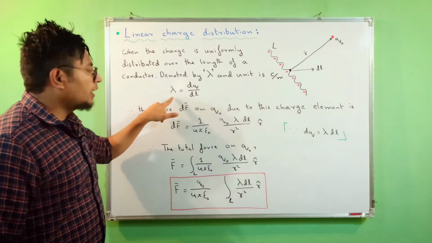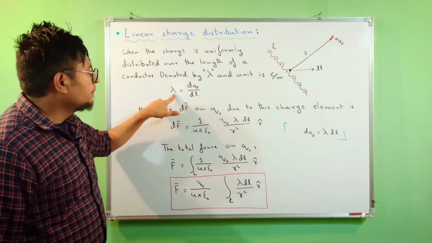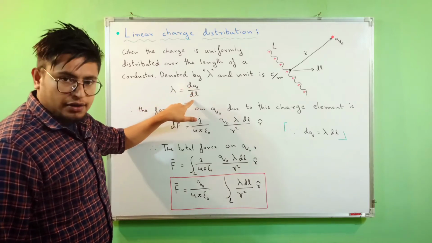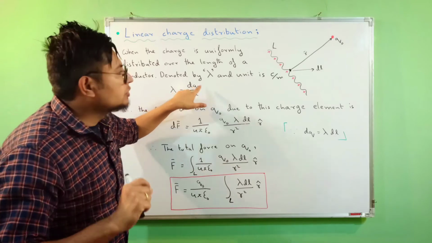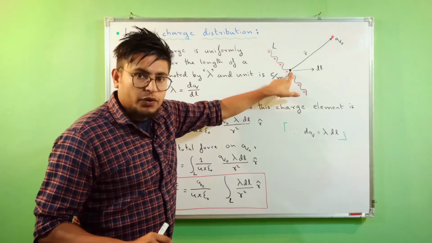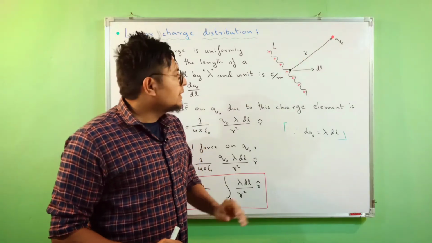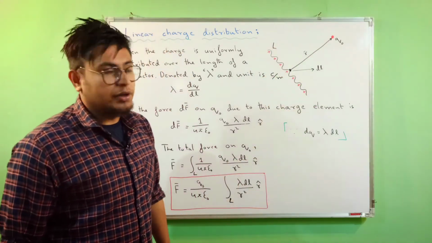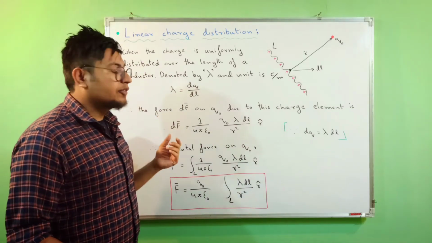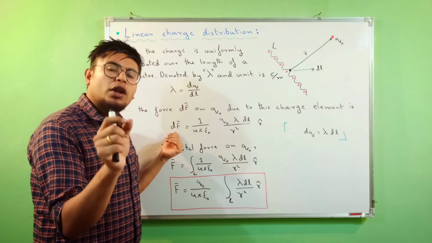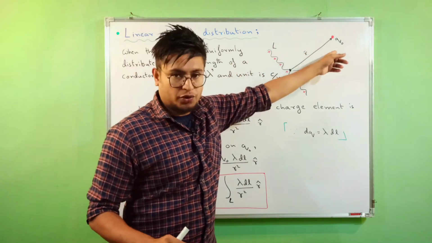Out here, I can write this lambda, that is linear charge density, as dq by dl. dq is the small element of charge acting upon Q naught, and dl is the small element of the length taken from this entire part. Now we take the force dF, the small element of force acting upon this Q naught.